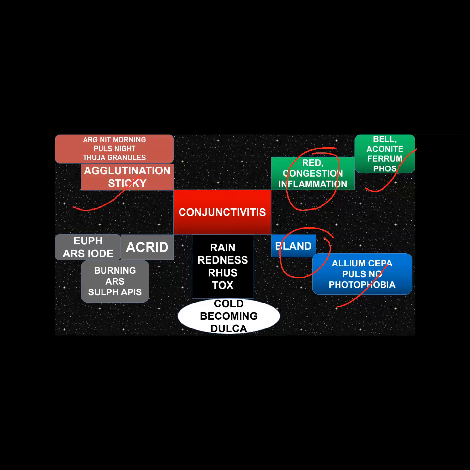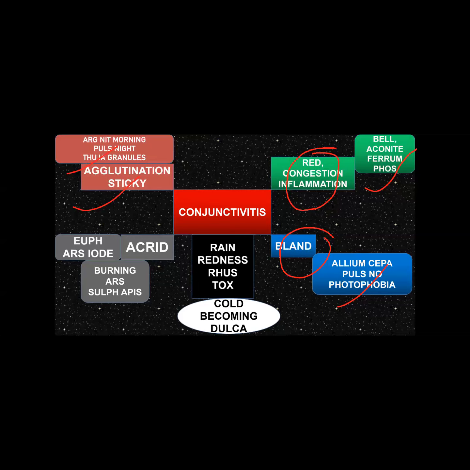If the pustular discharge or stickiness is seen in the morning, then argentum nitricum is more pronounced. And if it is at night, then pulsatilla is more pronounced. If there is granulation formation, then we can use thuja. Obviously, this is just a chart.